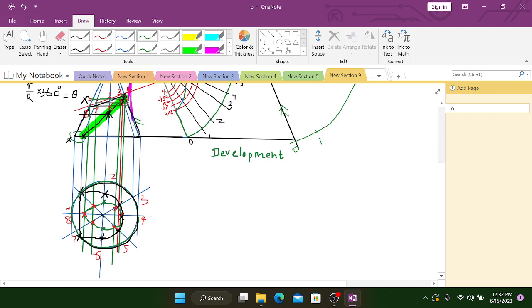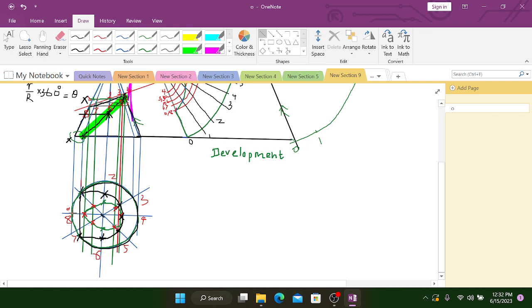Otherwise there is a construction technique we have to use. Here I am going to choose 0 to 1, the 0 to 1 curve. So this curve I am going to convert into a line.